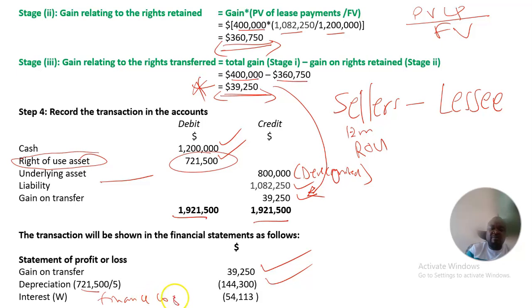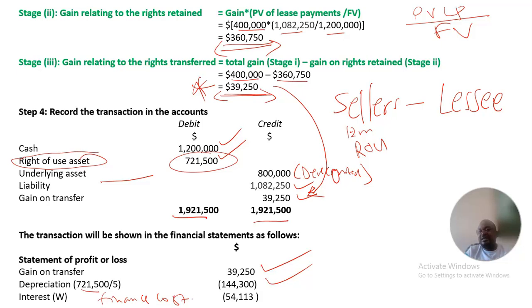Finance cost. Remember, we are talking of long-term liabilities. The lease is not for 1 year; it's for many years here, and so there are going to be some interest payments related to the financing facility relating to the lease.